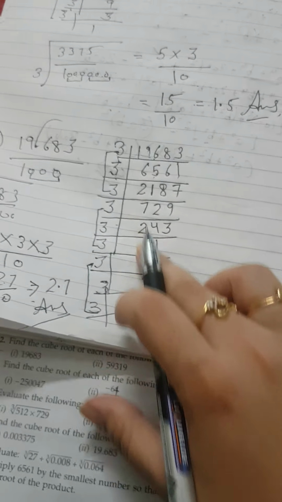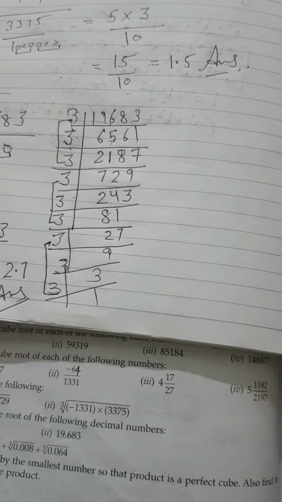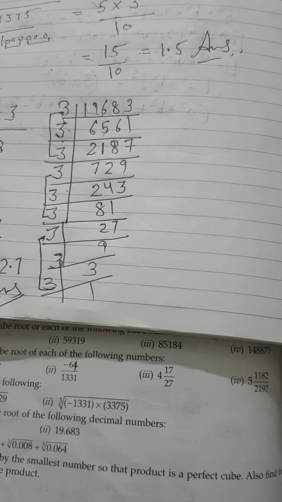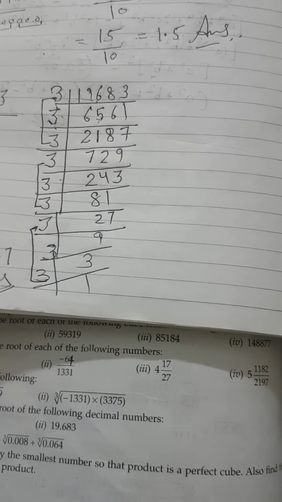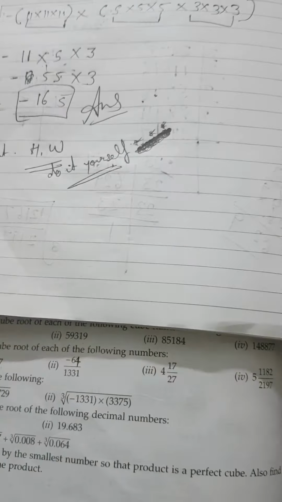We did 6561 earlier too, so I'm copying it from here. 2187, then 729, then 243. Okay. Then it will give you 81, then 27, 3 9s, 3 3s and 3 1s.